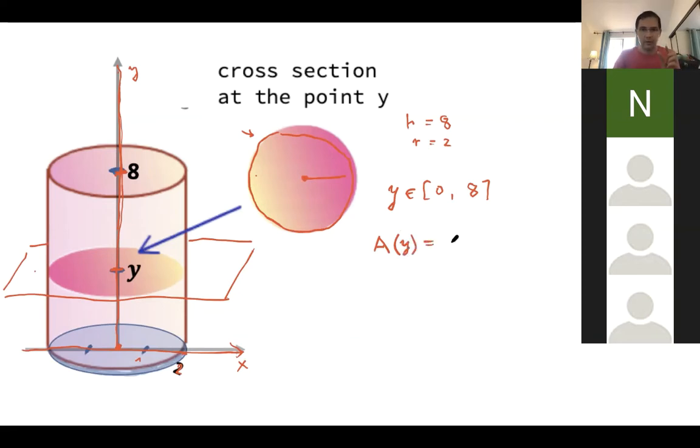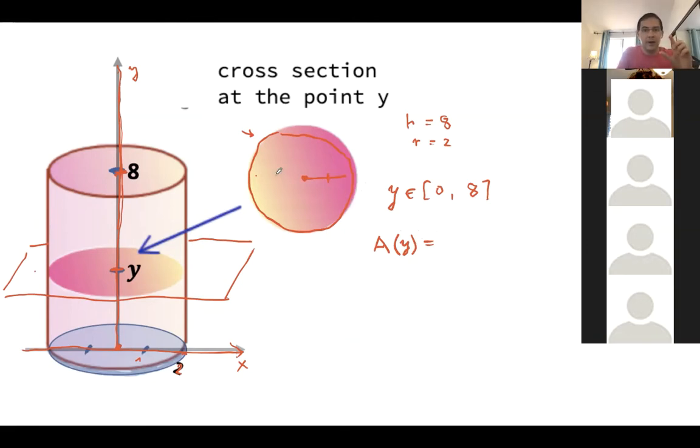Okay, so here's a question for you. First of all, what is the radius of this cross section? 2. Perfect. This is exactly 2. So the radius of this cross section is 2.